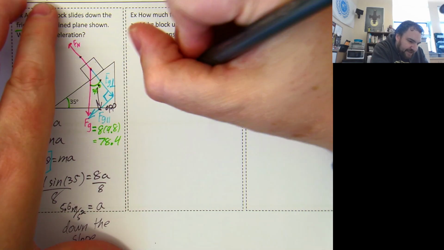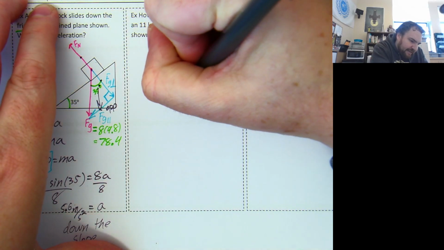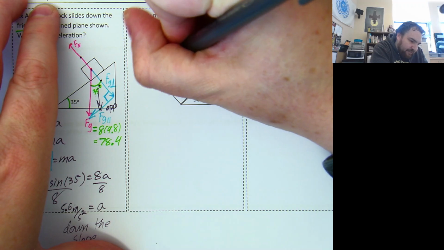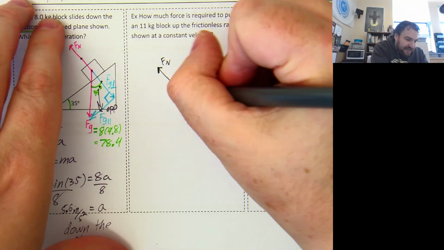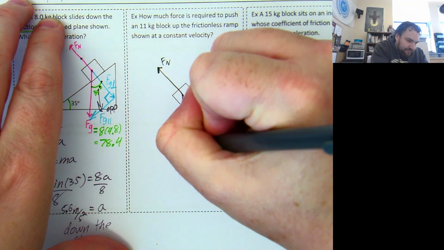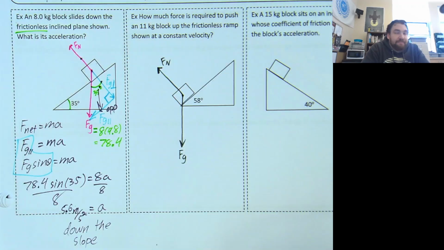Normal. Normal is perpendicular to the incline. It's going to be up that way somewhere. Cool. What else is acting? Gravity, and gravity always acts straight down. Make them big. Are there any other forces acting in the problem?